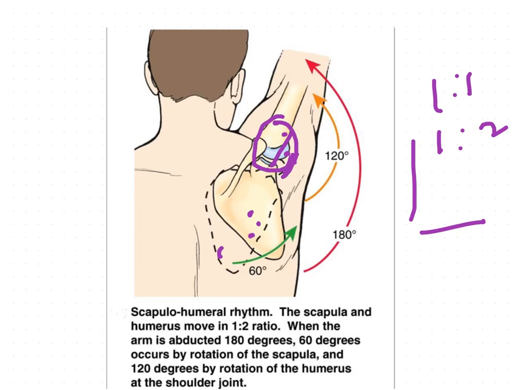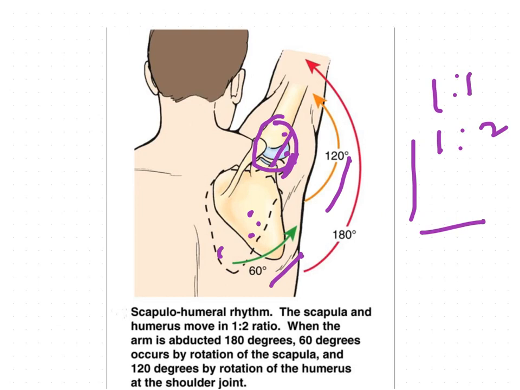They note, however, that the absolute angles achieved at each joint yield an overall ratio of 1:2 of scapula and humerus, or 2:1 of glenohumeral motion with that of the scapulothoracic motion. That is an overall ratio of 2 degrees of glenohumeral motion for each 1 degree of scapulothoracic motion.